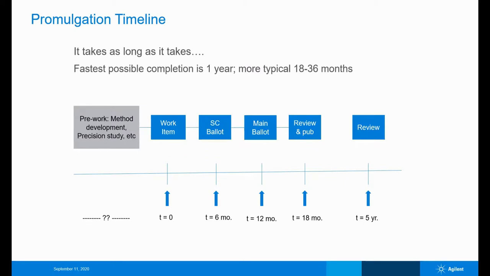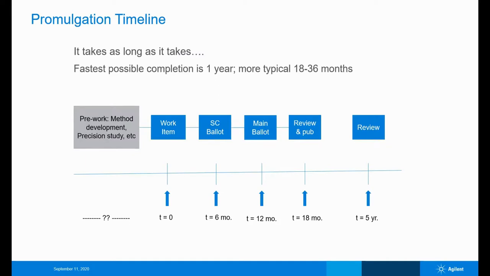Now, there's also additional time required because at the 5-year mark after publication or last revision, there is a review of the standard. That means that the standard must be reviewed by the subcommittee and reballoted for reapproval.